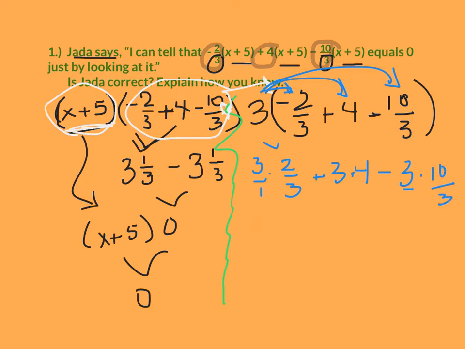And I know this can also go over 1. So when I do this, I know that these 3's can cancel. I'm left with 2 plus 3 times 4 is 12, minus, they cancel as well, 10.